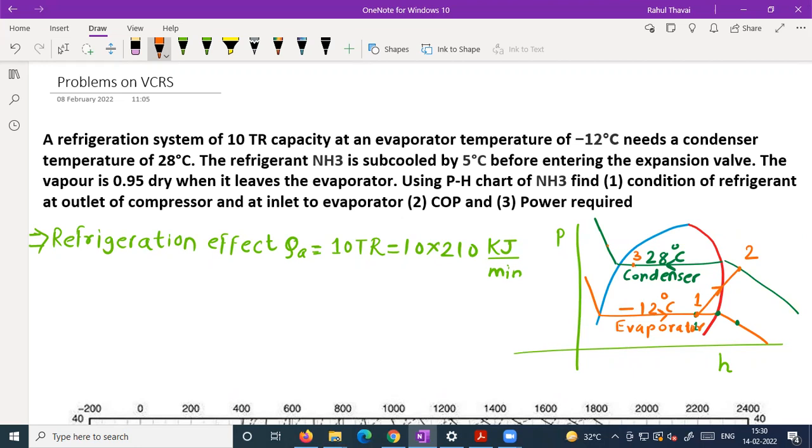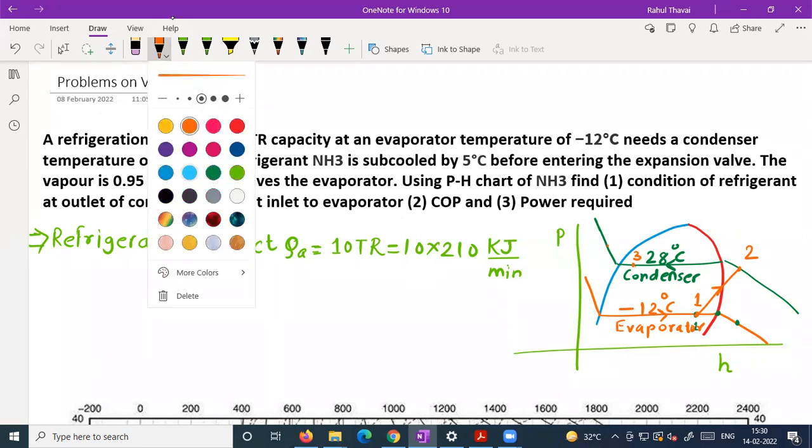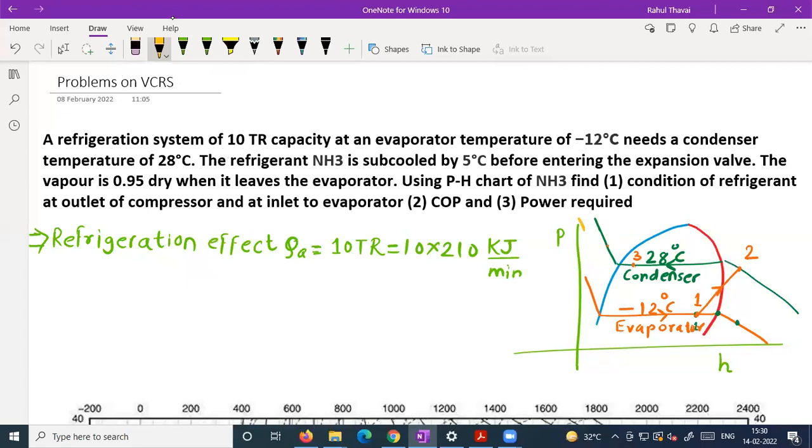Now, how should I plot that point? For that, see here, a very important thing. Somewhere here we will get a line, and that will intersect here, somewhere here.